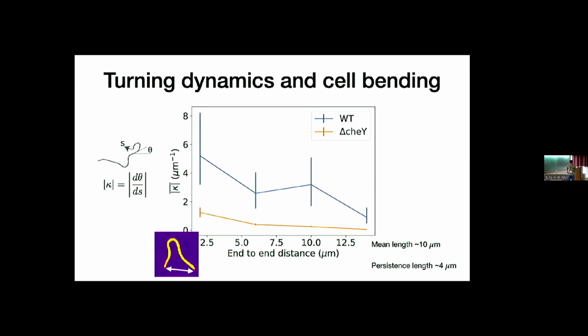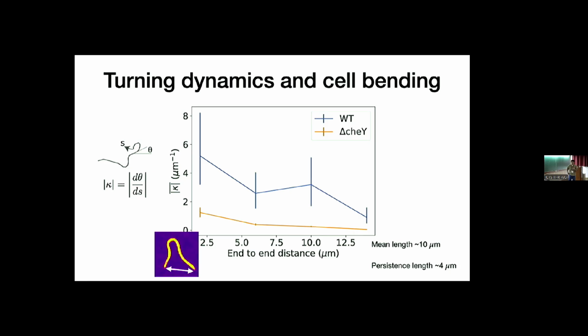Okay, then we studied the relationship between the turning and the cell bending. So again, we computed trajectory curvature, but as a function of the end-to-end distance of the cell, as a proxy of the cell bending. In the left region, the end-to-end distance is small.